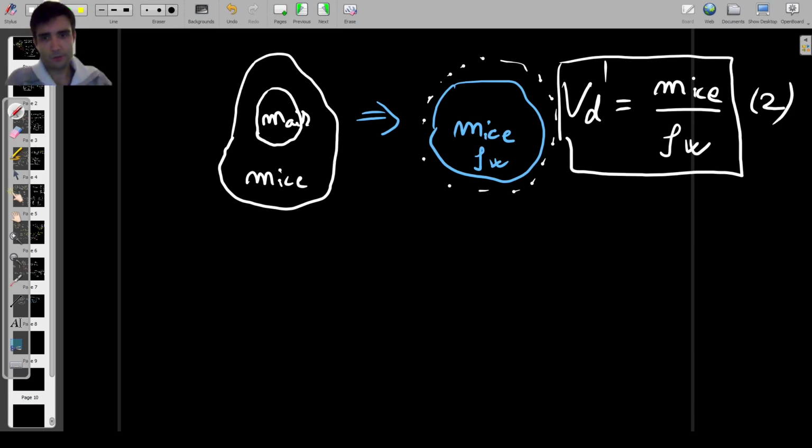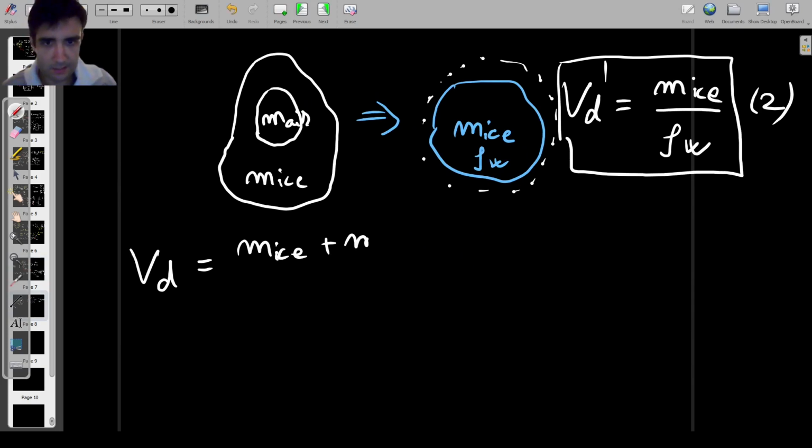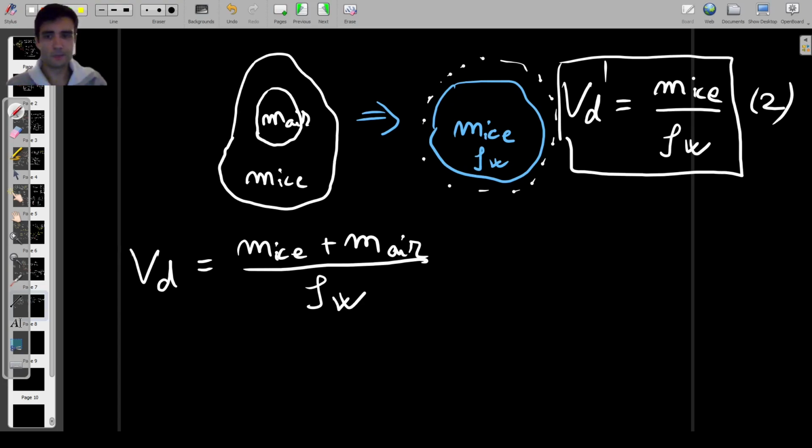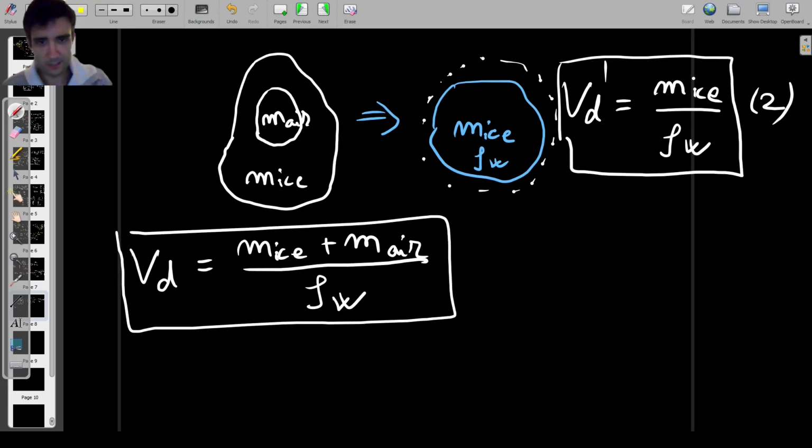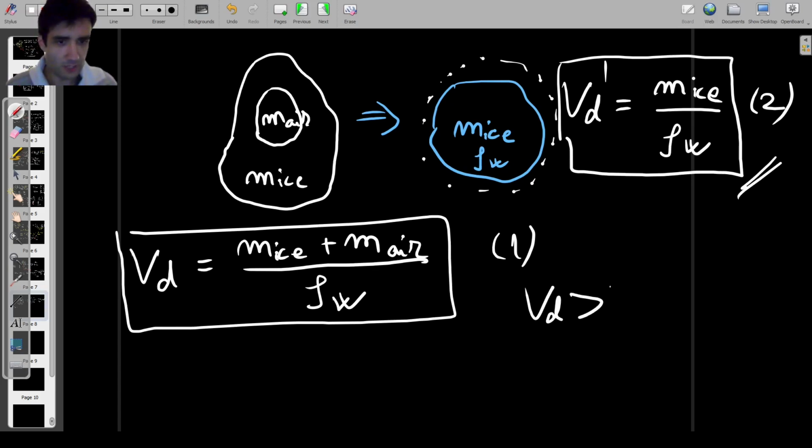Okay, so then equation 1 was telling us that when the ice and the air bubble were floating, then the displaced volume was m ice plus m air divided by the density of the water, right? And then in the second case, we've got this. And you can already tell that Vd is greater than Vd prime because it's got an extra term in it.